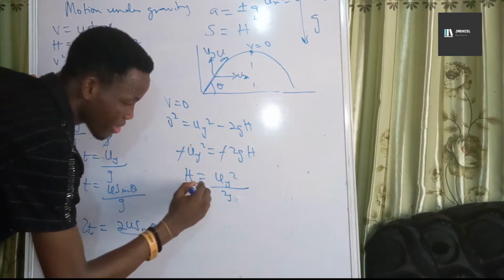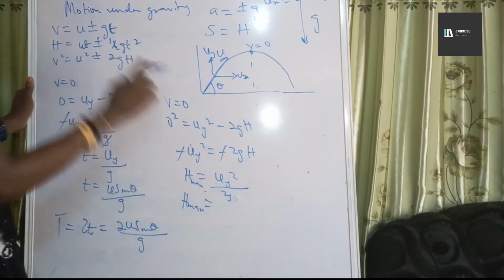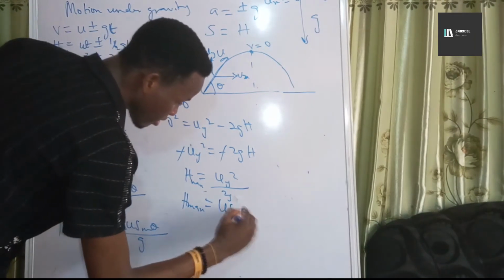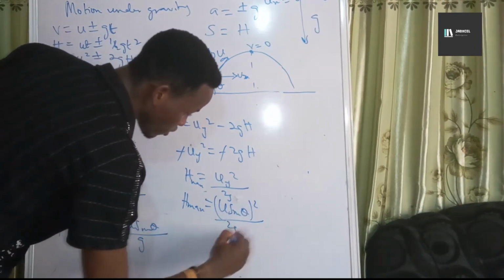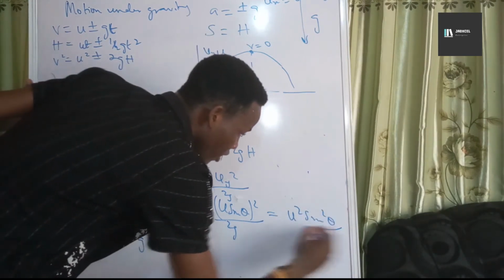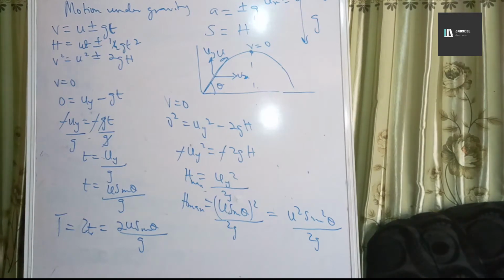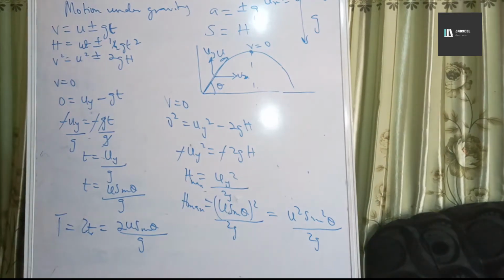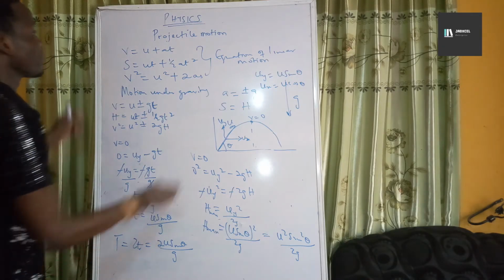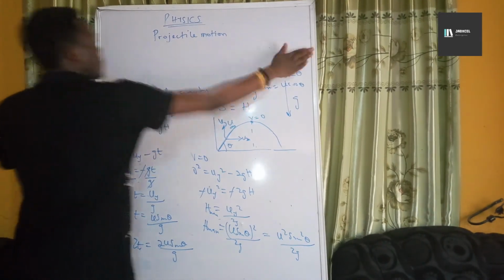So we have minus uy squared is equal to minus 2gh. So I can see that my h is equal to uy squared over 2g. So this is my maximum height. My uy is u sin theta, so all squared over 2g, and that gives us u squared sin squared theta over 2g.